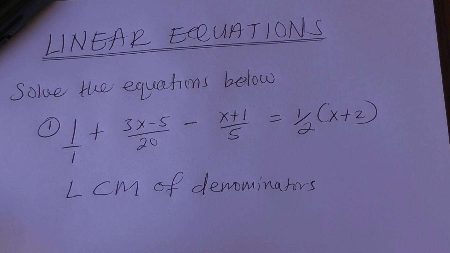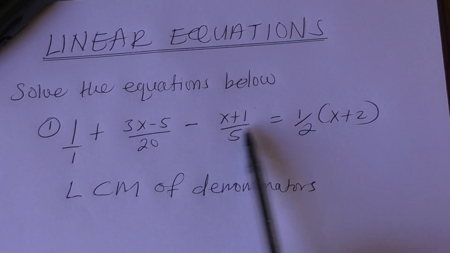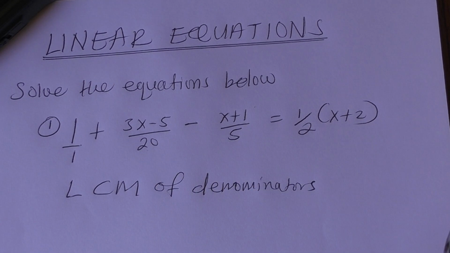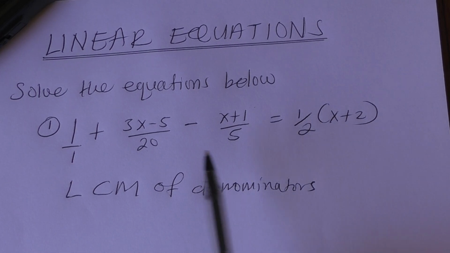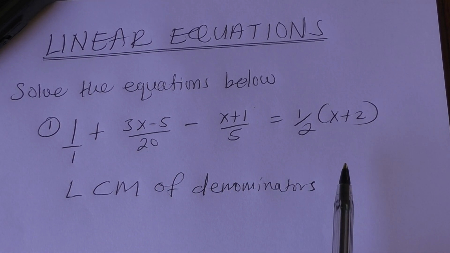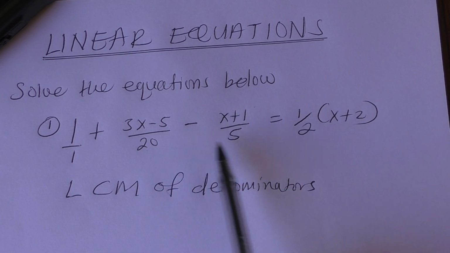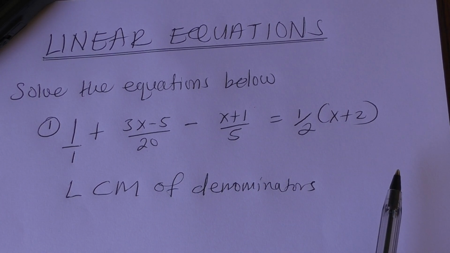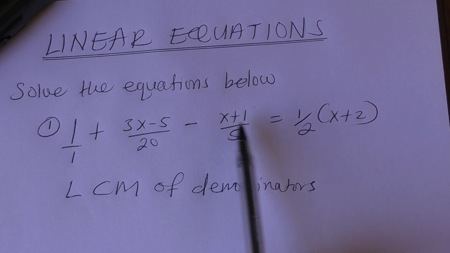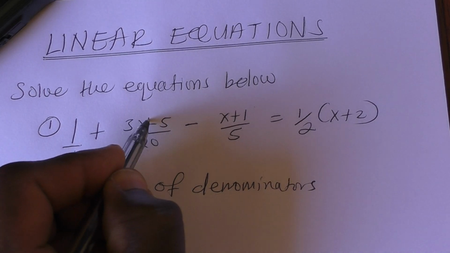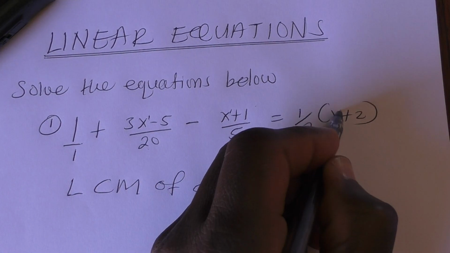This is what we mean. If you look at our equation, we have one unknown, which is x. And this x is to power 1. That's what we mean by being of the first degree. x power 1, x power 1, x power 1.